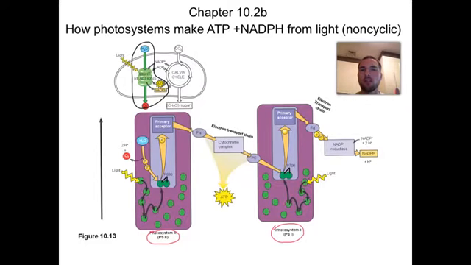So if we take a look at how they work, if we look at photosystem 2 to start, and this will be a little bit of a review from the other video, when light energy hits this, it's going to energize some of the pigments, and those pigments will pass that energy on from pigment to pigment to pigment until that energy ends up at the chlorophyll A molecules in the reaction center.